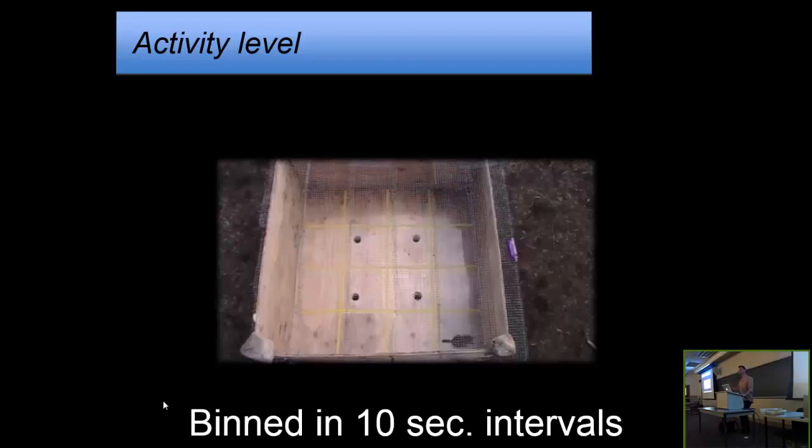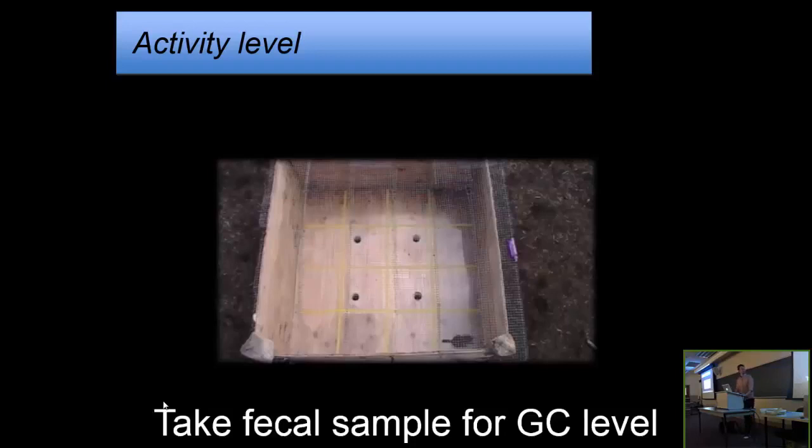Now again, why might this be important? Similar to intra-individual variability in the hermit crabs, it may be an anti-predator strategy, that when individuals are under predation risk, they would behave less predictably over time, so it could have a functional impact that way. And we also take a fecal sample to look at glucocorticoid levels.